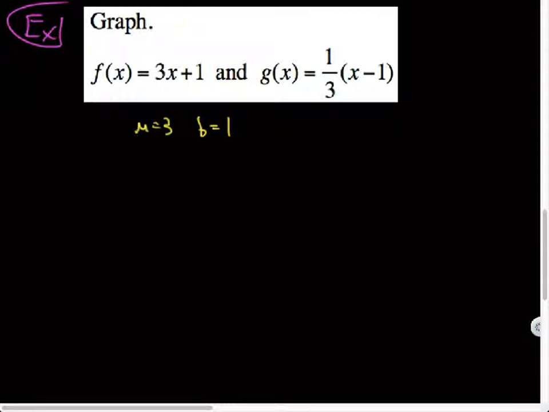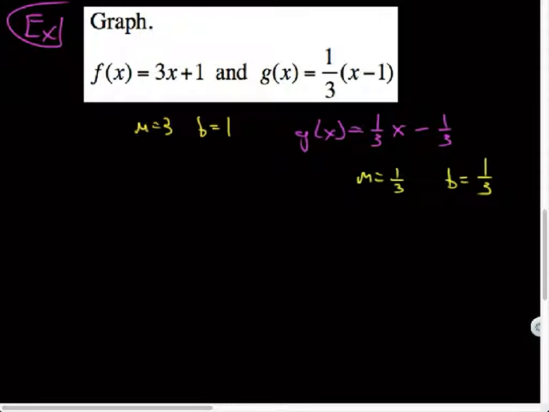G of x, maybe I'll rewrite this as g of x equals 1/3 x minus 1/3 if I distribute that. And then you might realize, oh, the slope is 1/3. And the y-intercept is minus 1/3.